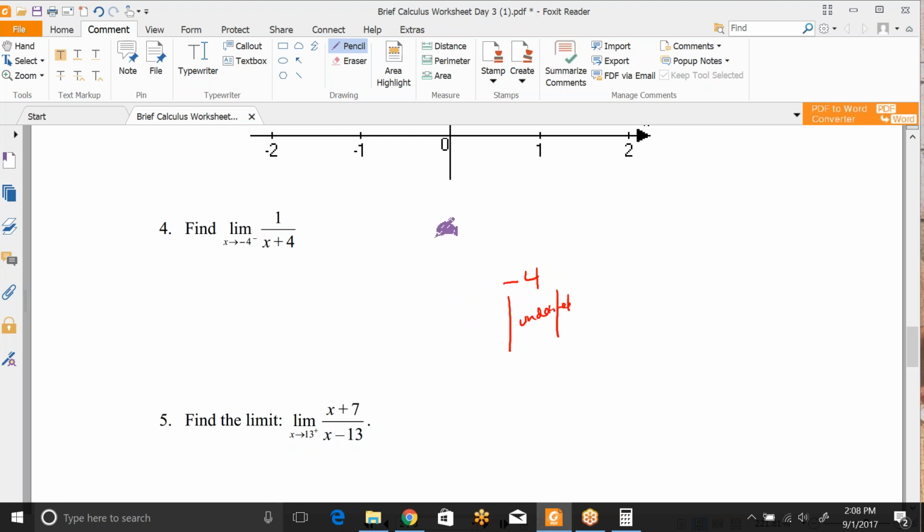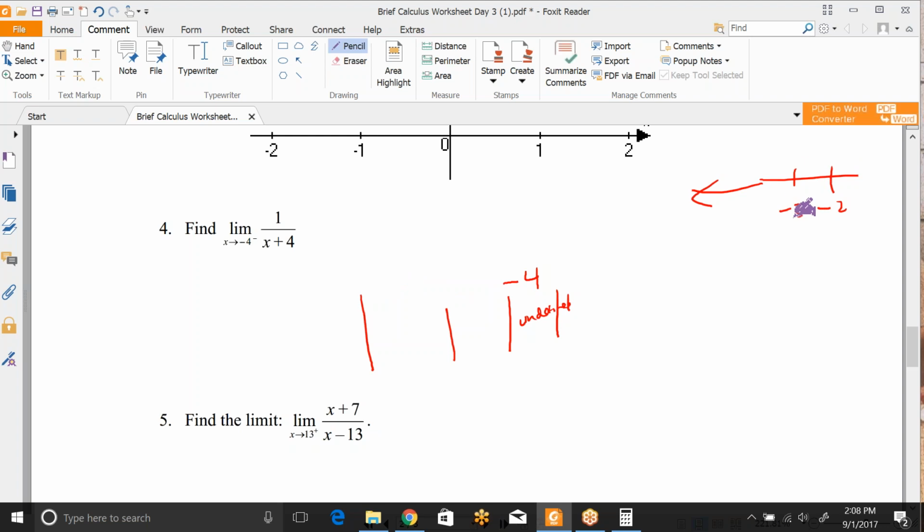So we need some stuff smaller than negative 4 if we're going to be coming in from the left. So let's say negative 3.999 and negative 3.99. Actually, I'm doing it backwards, sorry. Smaller would be negative 4.00. Yeah, because remember negative numbers. See, it's really easy to confuse this just talking about it.